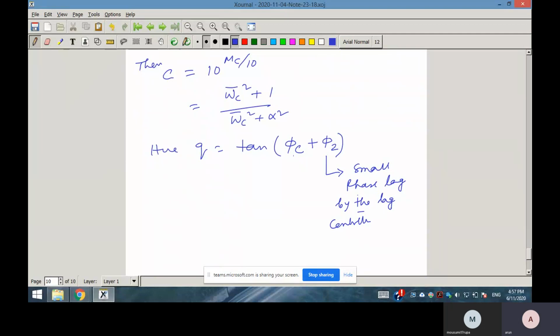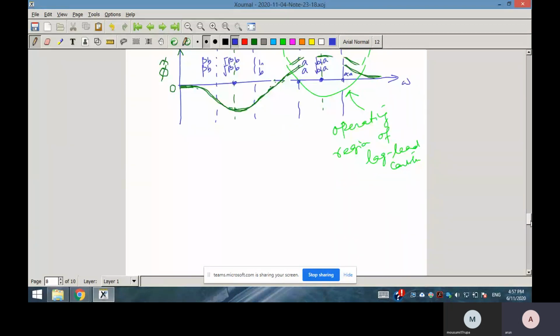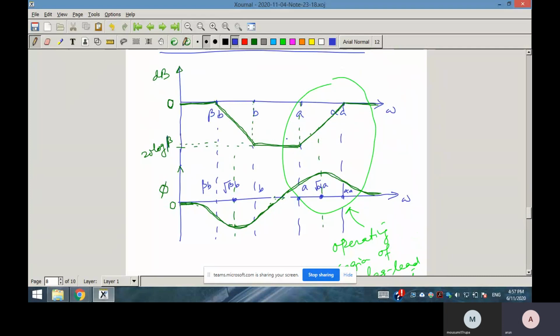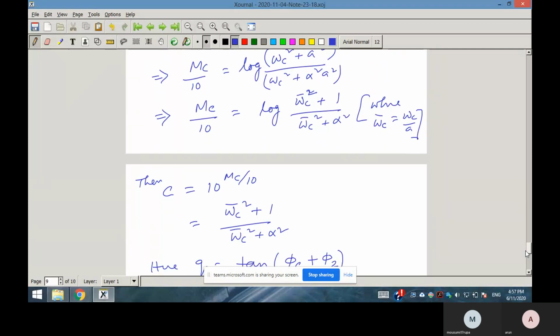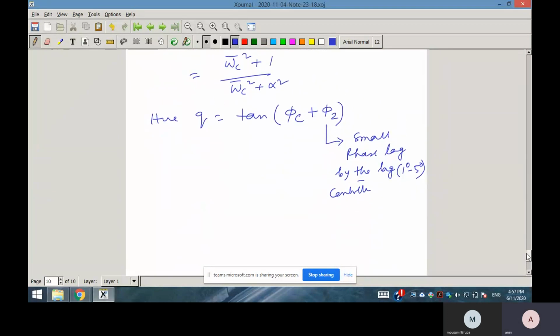So here 1 degree to approximately 5 degree, because this range of frequency is away from this small part, so away from B. So phase lag will be very small, but still you cannot neglect it totally. So we have to consider in between 1 to 2 degree, and then make the calculations.